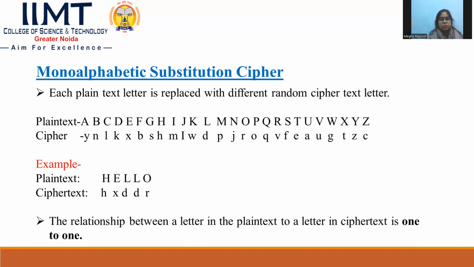So we can say in monoalphabetic substitution, the mapping between the letters is one-to-one, meaning any letter which appears two times is converted by the same letter. So the relationship between a letter in the plaintext to a letter in the ciphertext is one-to-one.